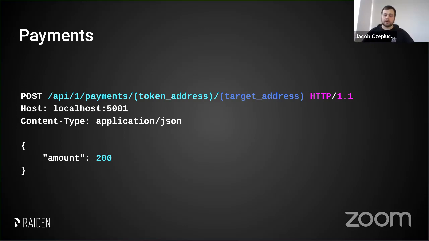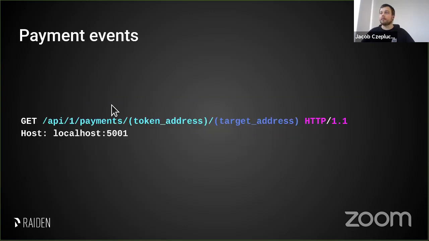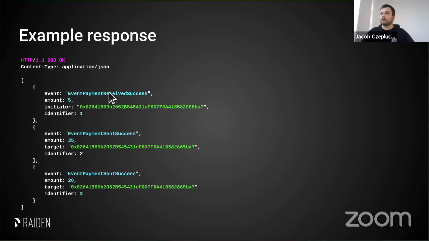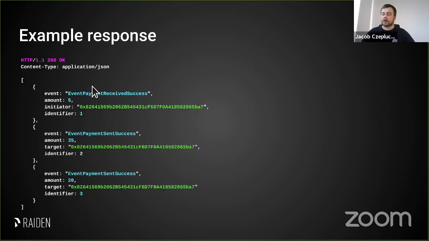And the payload would be the amount of tokens, and you can then optionally also provide an identifier that can be convenient if you want to make sure that a specific payment is going through. This response we already saw. I also showed you how to check out the payment responses. So I think that is a brief introduction to the API.